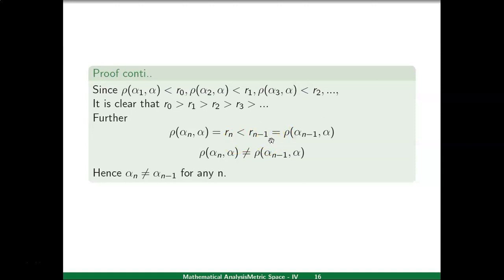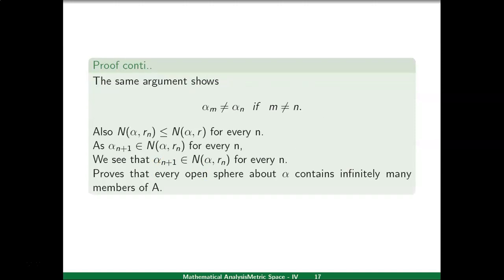But R(n minus 1) is rho(alpha n minus 1, alpha), which shows that rho(alpha n, alpha) is not equal to rho(alpha n minus 1, alpha), which shows that alpha n is not equal to alpha n minus 1 for any n. So this argument shows that for every m not equal to n, we have alpha m not equal to alpha n.